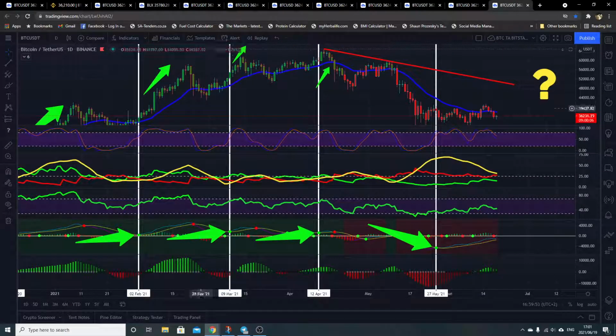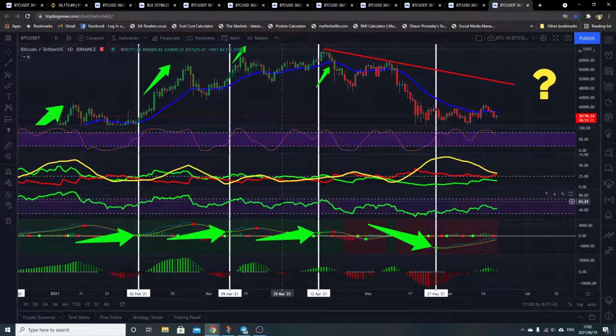I'm sharing the oscillators and indicators that I use on a daily basis. This is on a daily time frame. I use them on lower and higher time frames as well: the stock RSI to determine momentum, ADX and DI to determine price action or trend, and whether the bulls or the bears are in control.